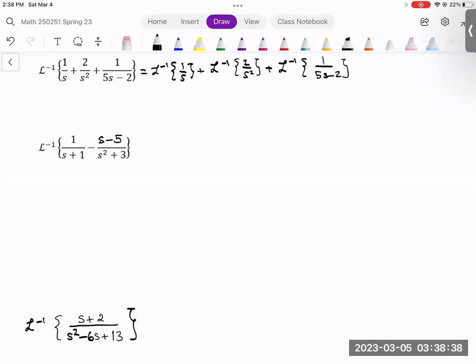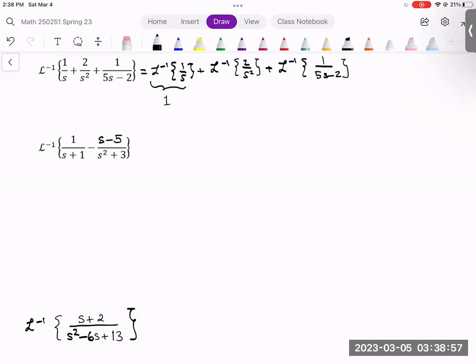Okay, inverse Laplace transform of 1 over s. We know that guy, that is just equal to 1. If we look at inverse Laplace transform of 2 over s squared, so this is just a bare s squared with no sum.